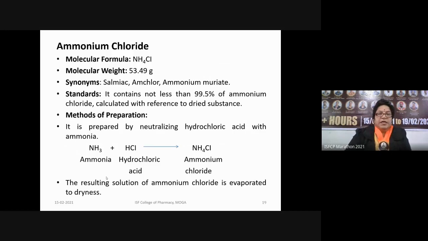Its formula is NH4Cl and its molecular weight is 53.49. The synonyms are salmiac, ammonium muriate and amiclor. Many times questions come on this, as a one word answer, if you are preparing for competitive exams. We keep reading ammonium chloride and they ask amiclor, then we get confused at that time. Salmiac or amiclor, these are the synonyms for ammonium chloride.